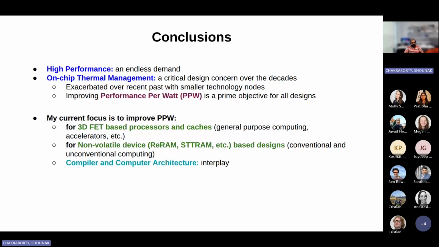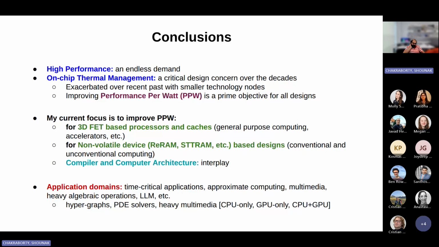And accordingly, hardware can behave, or it can take a look at the compiler's information, and by considering the current situation of the hardware in terms of power, performance, or temperature, it can improve the efficiency of the underlying circuitry.